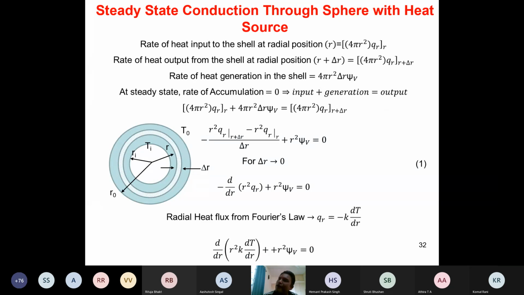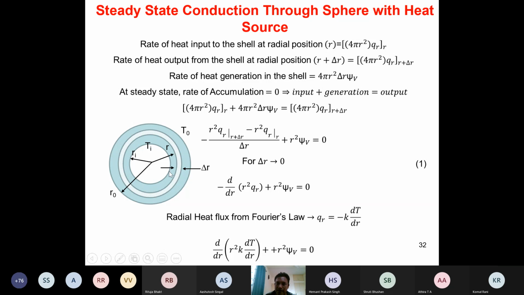Now let's look at the spherical case. In this particular case, we are not assuming any insulation outside the spherical boundary. Again, similar to the previous case, the heat transfer area is the area present at the radial positions, and that varies as I am moving from the center to the outside radius. So clearly the area of heat transfer is varying. Also, there is heat generation taking place inside the spherical system.